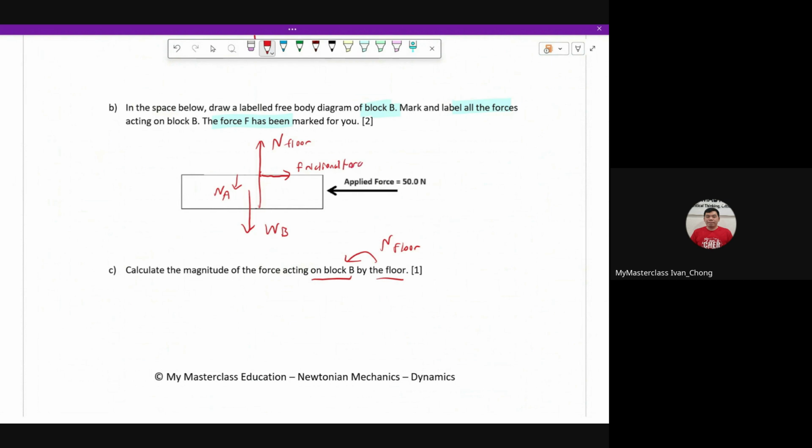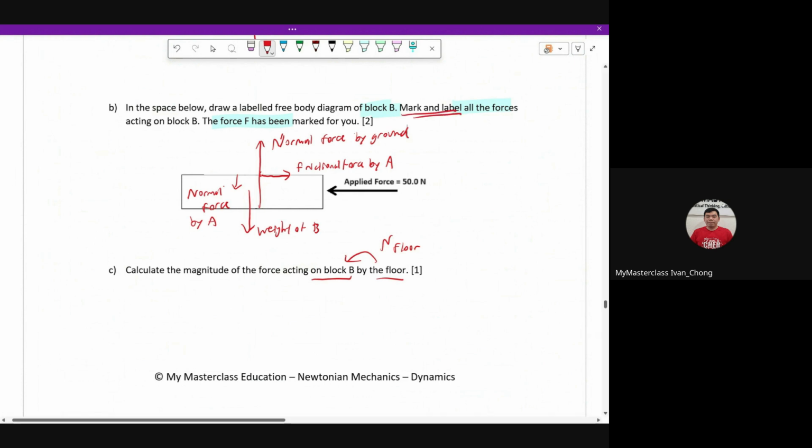Frictional force by A. This is the weight of B. This is the normal force by A. Okay, by A. And this is the normal force by ground. Okay. So you don't need to use symbols, you can just use words. Better to use words when they ask you to mark and label.